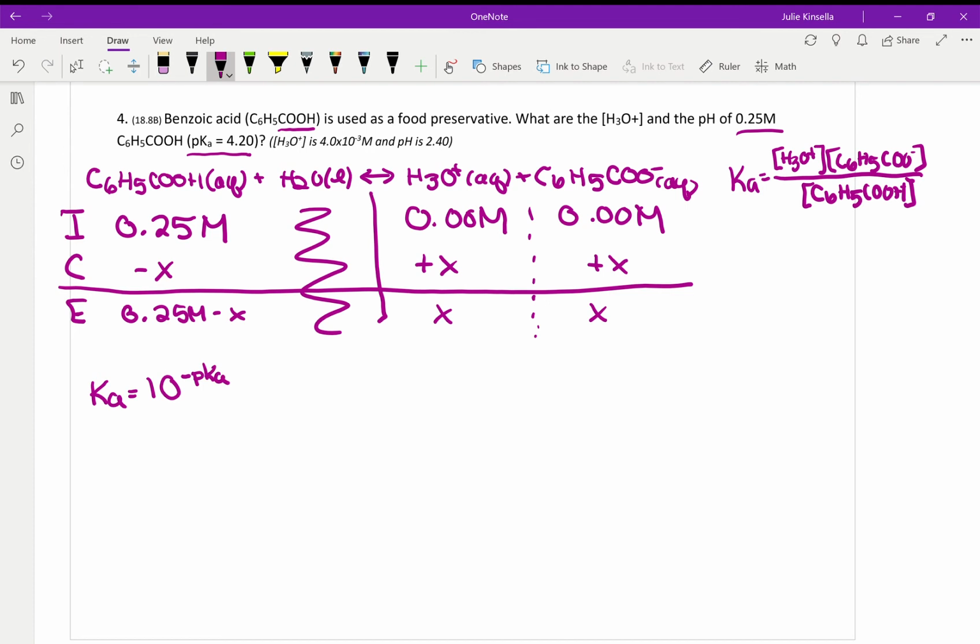So definitely incredibly helpful to know that moving forward with the practice. So we'll have 10 raised to the negative 4.20, which is going to be equal to, keeping with the 2 sig figs from the pKa, just like how we use sig figs with the pH, 2 times 10 to the negative 5.